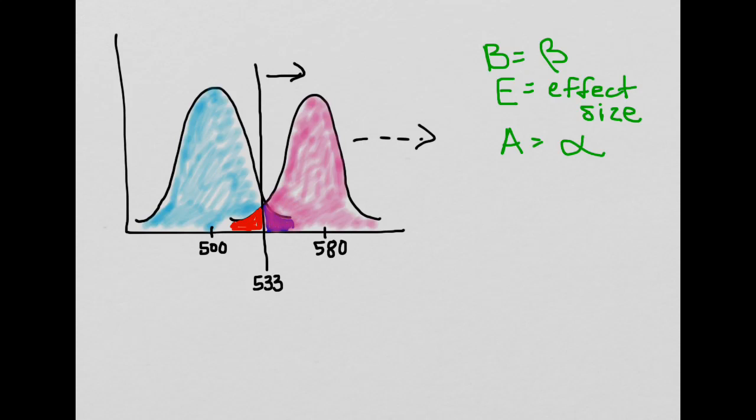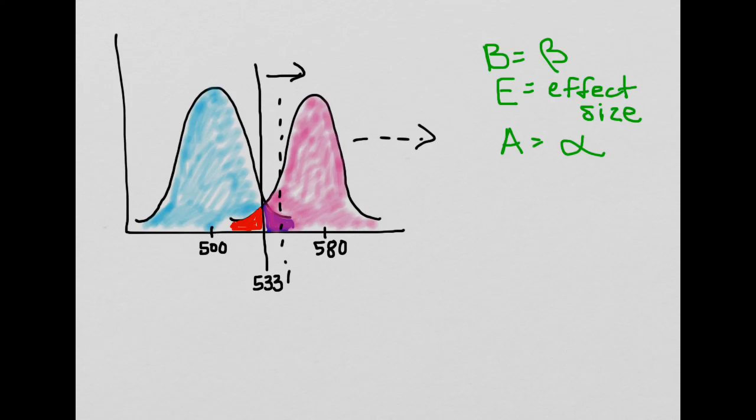So if this line now is here instead, alpha, which is here, will be smaller, and then beta will be bigger, and power, which is the part of the alternate distribution that's to the right of the critical value, will be smaller. Okay?